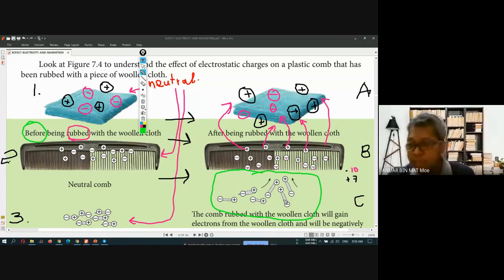So the pieces of paper attract to the plastic comb until it becomes balanced again. Okay, can you understand this? It depends on the transfer of the charges.